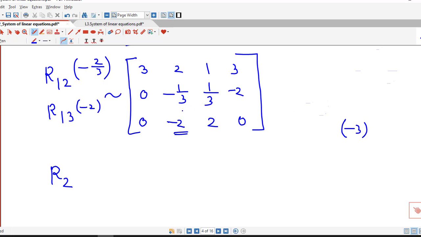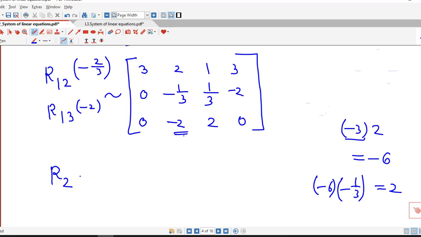If I multiply second row by minus 3, I will obtain 1 here, and negative of minus 2 is 2. That means I have to multiply second row by minus 3 into 2, that is minus 6. So if I multiply second row by minus 6, then I will obtain 2, and if I add that 2 here, I will obtain 0.